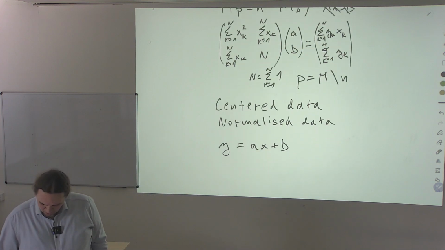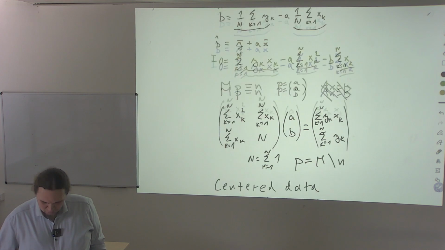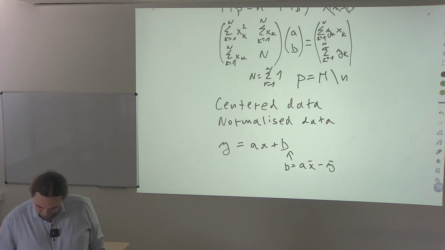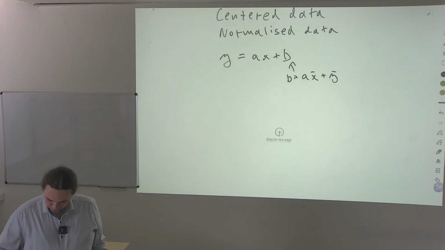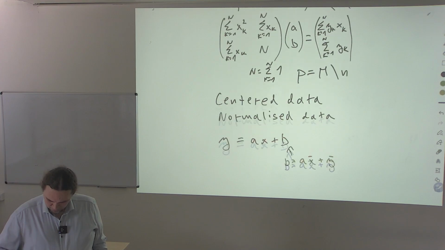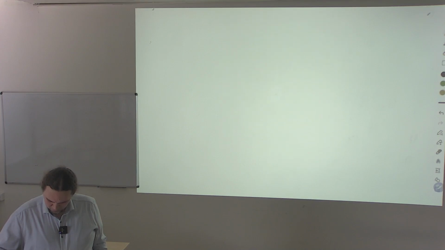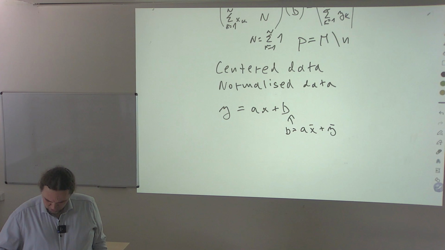So we already know that our b can be nicely expressed as a times x bar minus, plus. Makes sense.